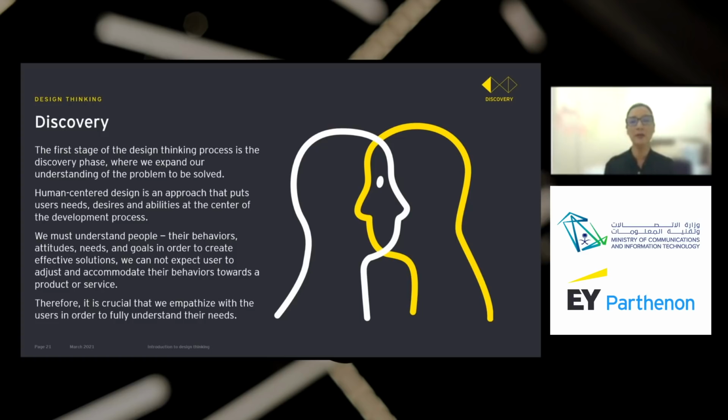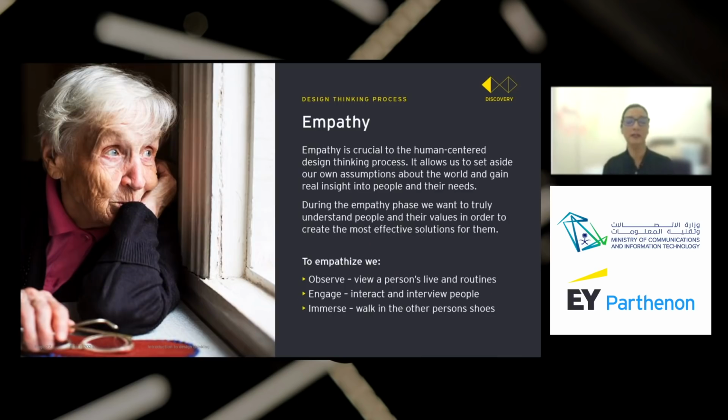We also need to put aside our assumptions, and we need to really empathise with the users in order for us to fully understand their needs in terms of the game that we are going to design for. So empathy is really critical to the design thinking process because it allows us to really adopt that beginner's mindset, to really think about the design phase from the start.